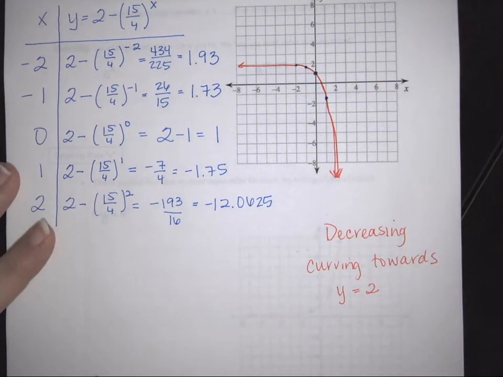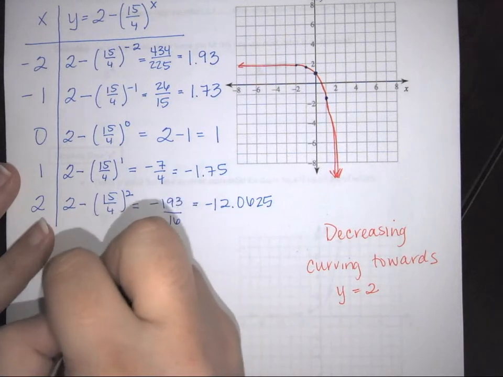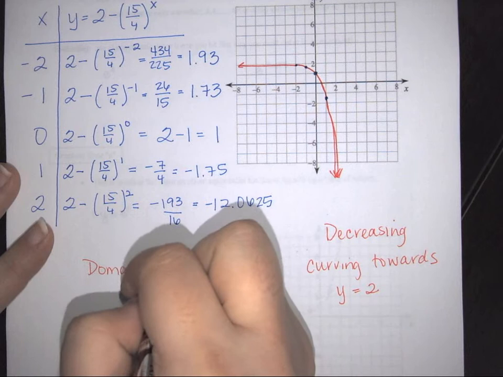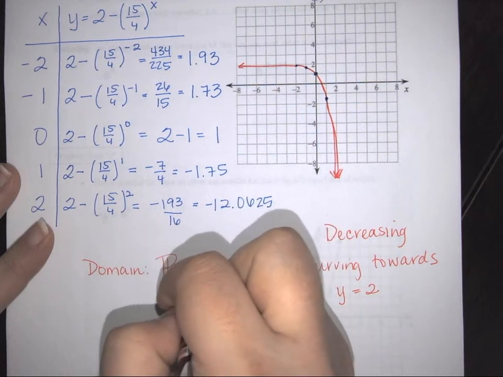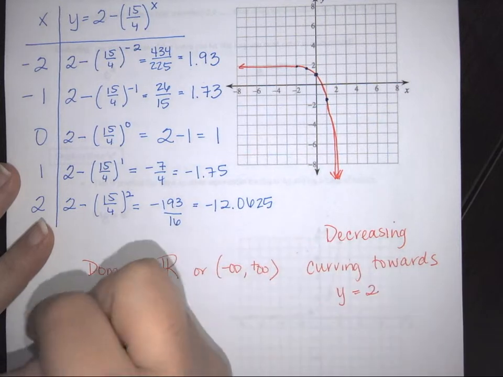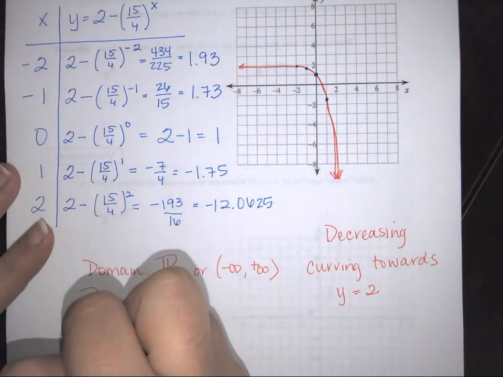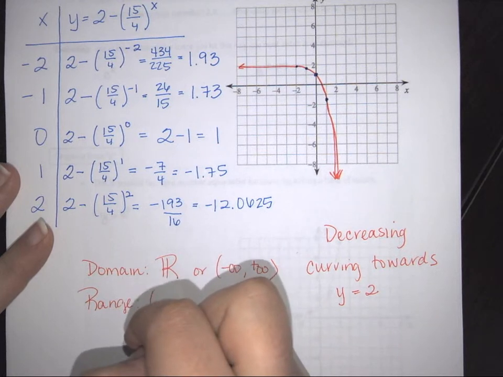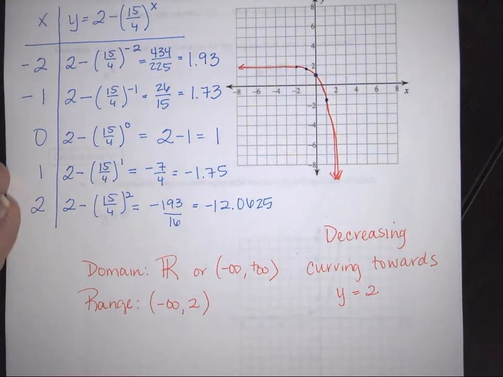We also know that my domain is going to be all real numbers, which is negative infinity to positive infinity. And we know the range is going to go from negative infinity up to 2.